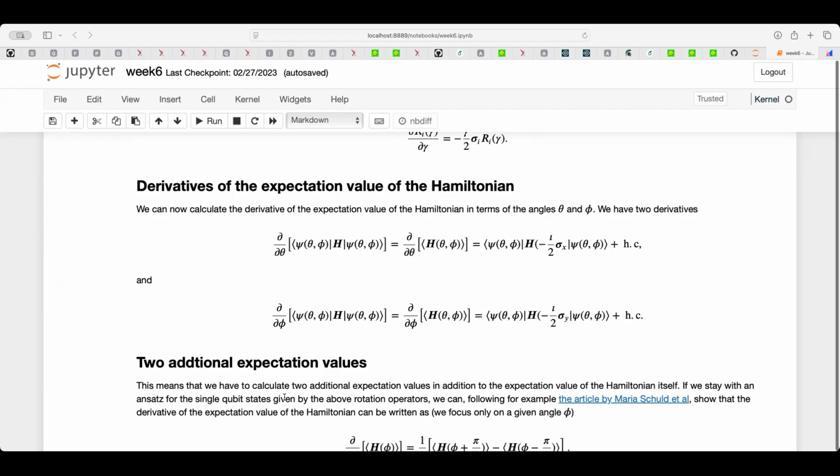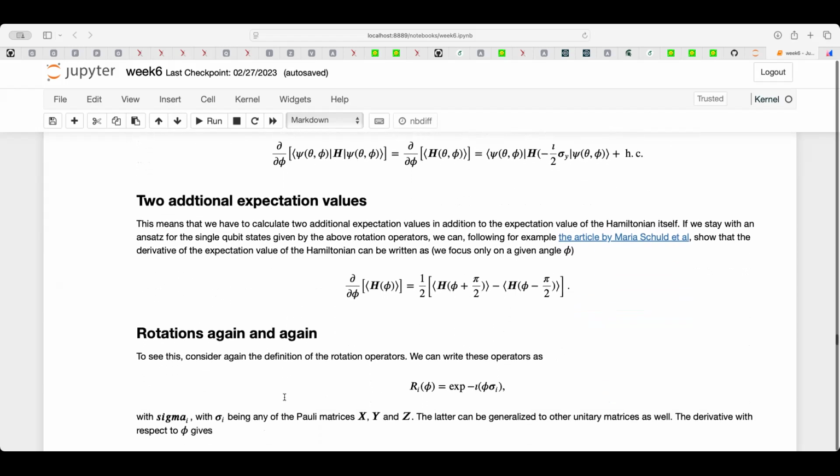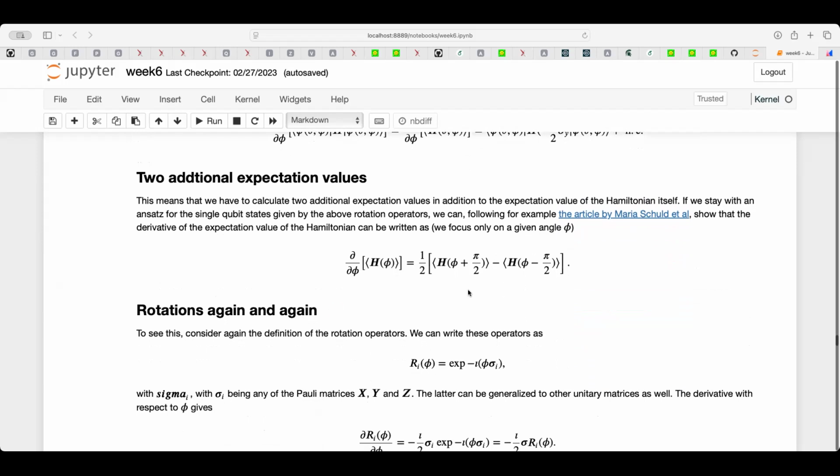Everything okay? So what we get then, and these are other derivations which follow now, is the compact expression which we can encode for the type of transformations which we are making. So that means that the derivative of the Hamiltonian, the expectation value of the energy, is given by the Hamiltonian plus an angle pi half minus an expression with the same angle minus pi half.